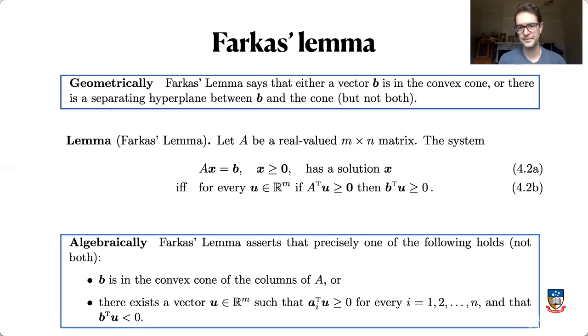These things link back to this algebraic description and this geometric description. It's an unusual sort of lemma. As I said, we will use it to prove a theorem, the Karush-Kuhn-Tucker condition, soon. But whenever you use this, I want you to keep in mind that idea of the convex cone, and that vectors either sit inside the convex cone or there is a separating hyperplane between the vector and the cone. And that's it.